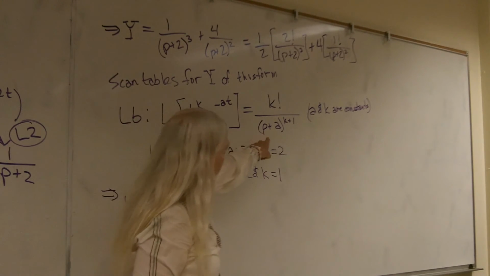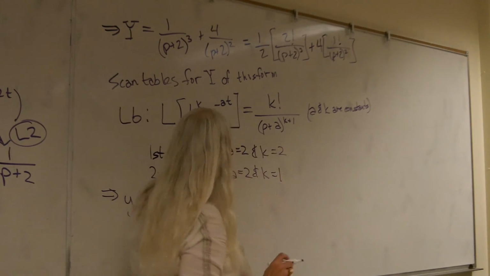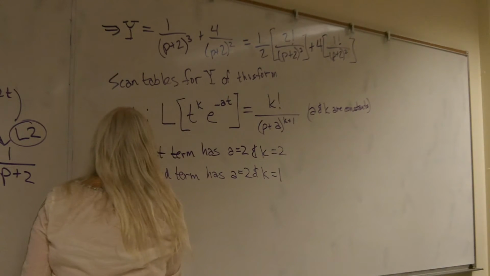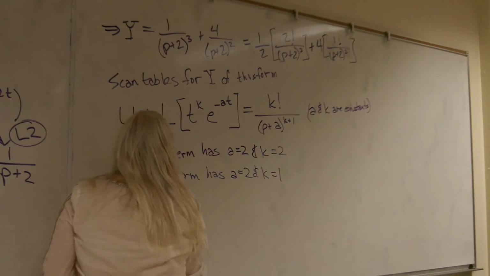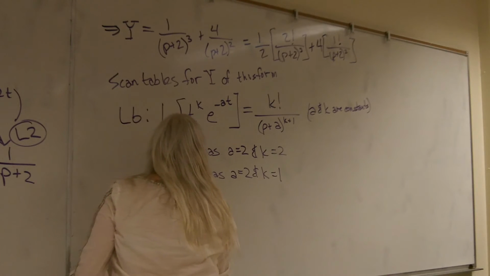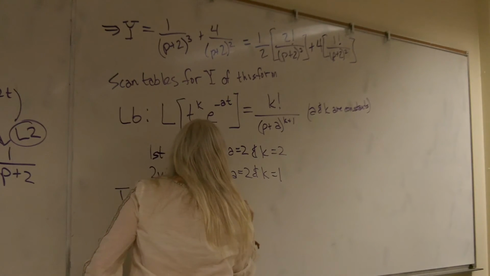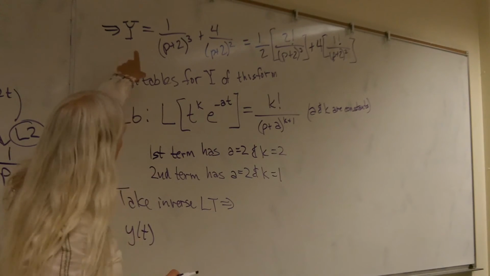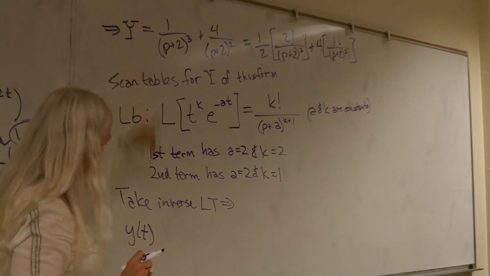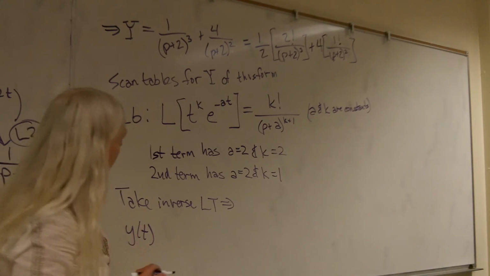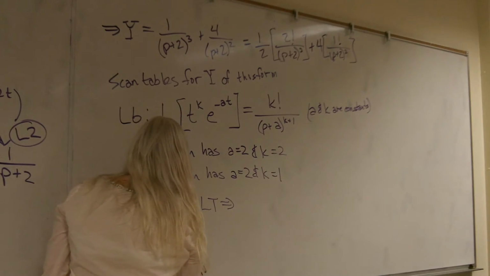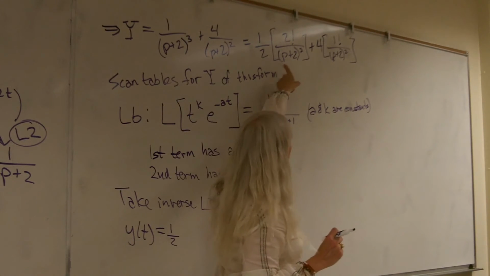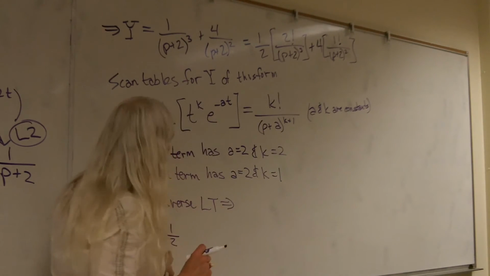Okay, so anything of this form, when we now take the inverse Laplace transform, the inverse Laplace transform of capital Y on the left-hand side is little y of t. And taking the inverse Laplace transform on the right-hand side, the 1/2 we can pull out in front.